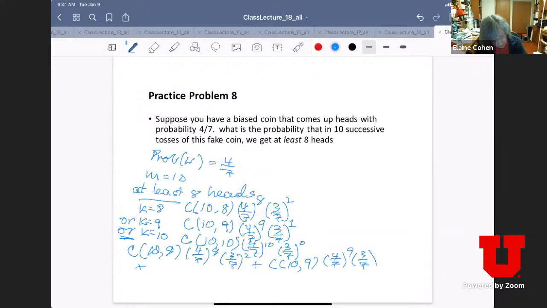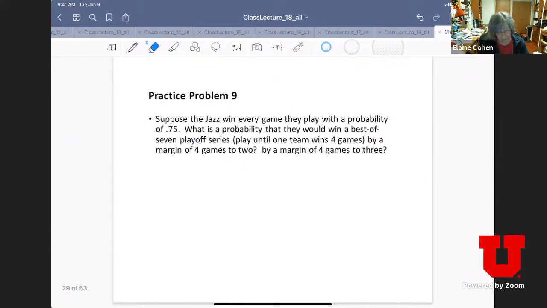So we don't have to write it again. 4/7 to the 10th. And 3/7 to the 0 is just 1. And that's our answer. If I were working it out on an exam, I'd have to try and combine them a little bit and do a little bit better than that. Okay? All right. So when you say something of at least, that's an or.